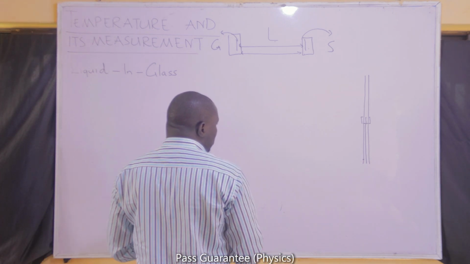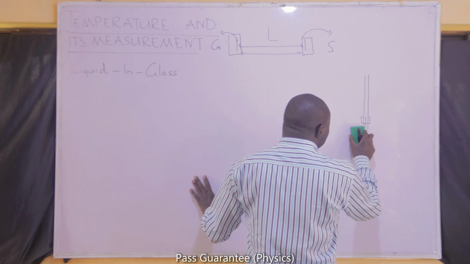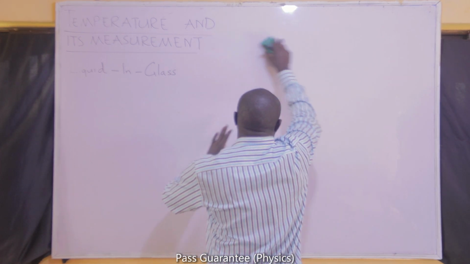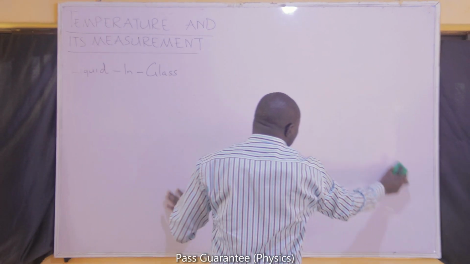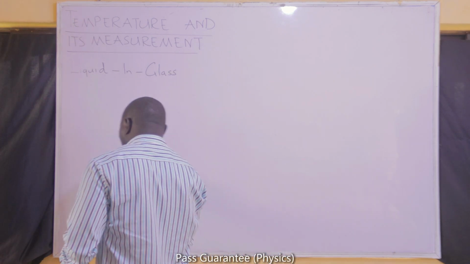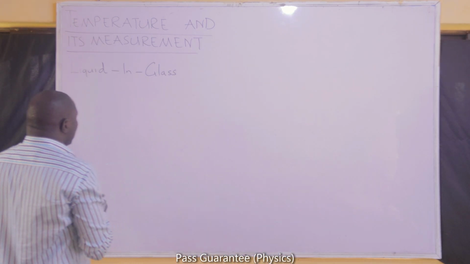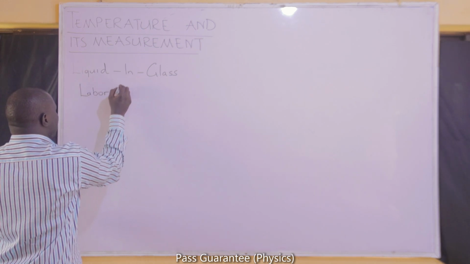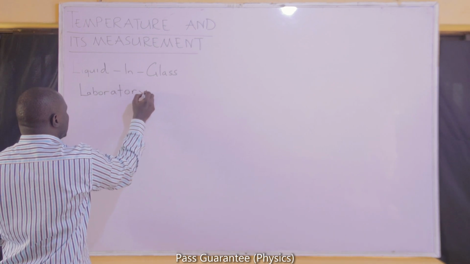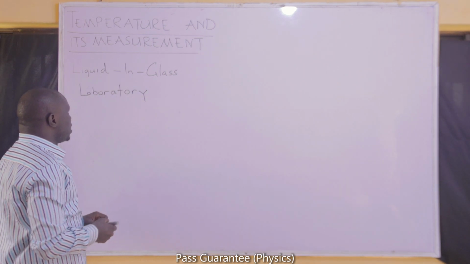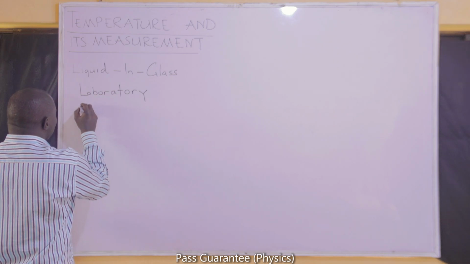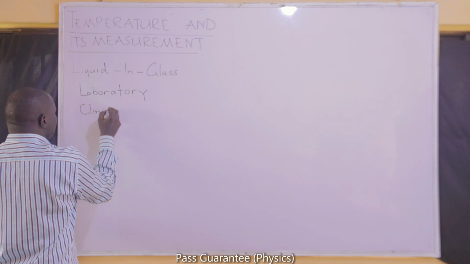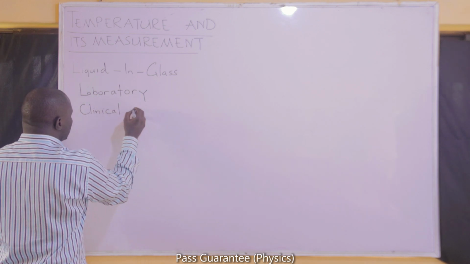We move on with that. Now that we know what a liquid in glass thermometer looks like, we need to move to the types of liquid in glass thermometers that we have. We have what I will call a laboratory thermometer, the normal liquid in glass that is used for scientific purposes in the laboratory. Then we have the clinical thermometer, that is usually used in clinics and hospitals.